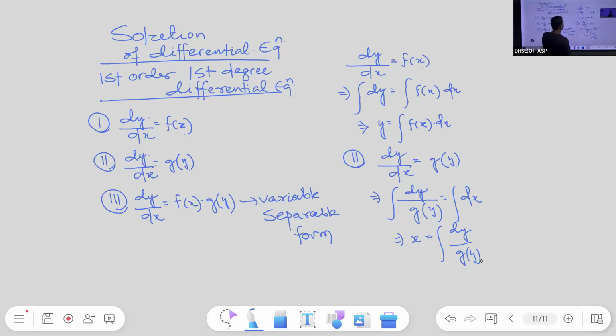Quickly note it down. I will use the next page. Done. The third form is dy upon dx equals f of x into g of y.